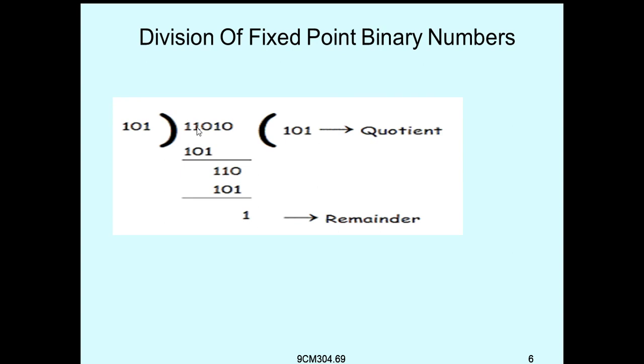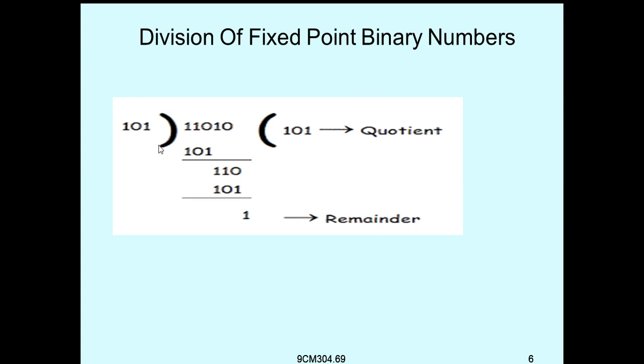So here 2 power 0 into 0, plus 2 power 1 into 1, plus 2 power 2 into 0, plus 2 power 3 into 1, plus 2 power 4 into 1.